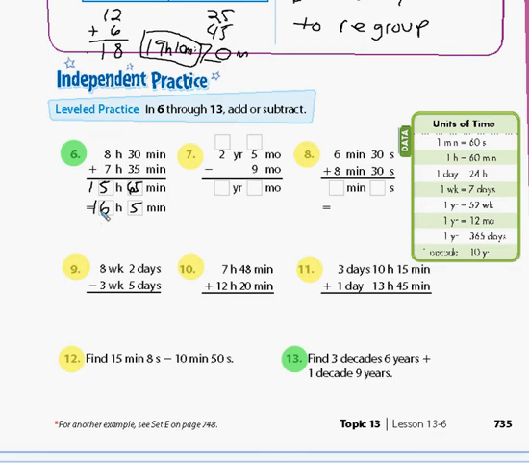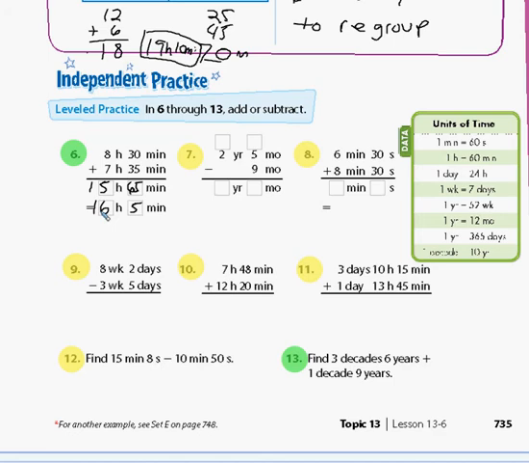Problem number 7 is a subtraction problem. It's 2 years, 5 months minus 9 months. Problem number 8 is 6 minutes, 30 seconds plus 8 minutes, 30 seconds. Problem number 9 is 8 weeks, 2 days minus 3 weeks, 5 days. Problem number 10 is 7 hours, 48 minutes, plus 12 hours, 20 minutes.